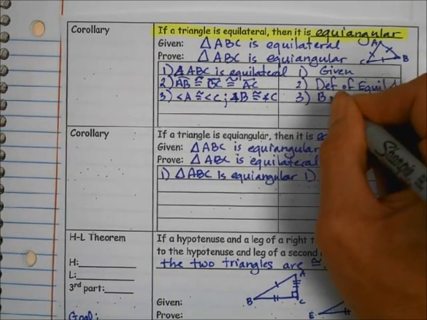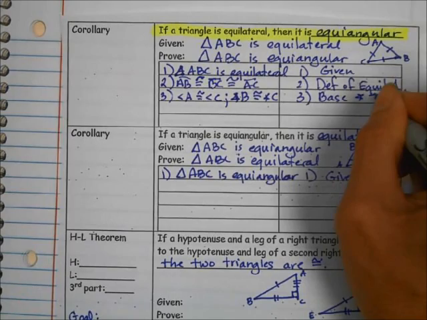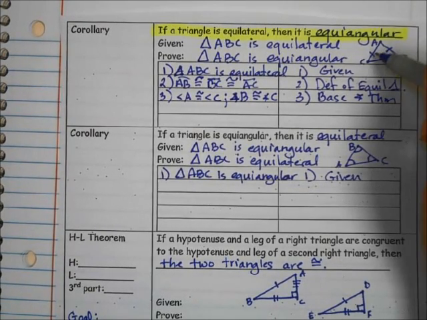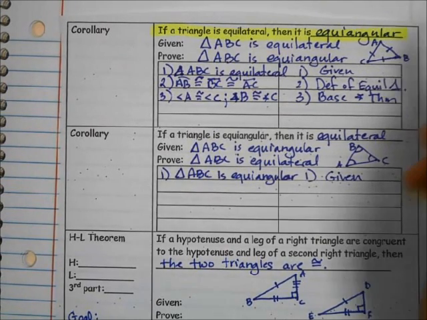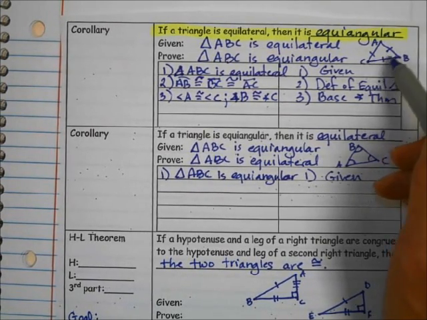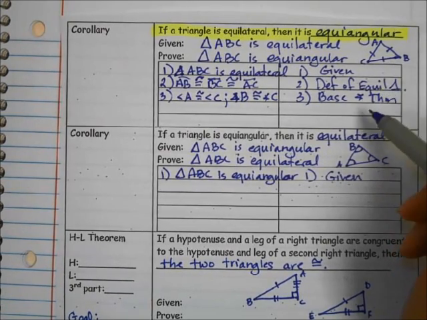Because of the base angle theorem we just proved. Because pretend that's a little isosceles triangle in there. Remember, all equilateral triangles are also isosceles, so that means the base angle theorem applies to that.